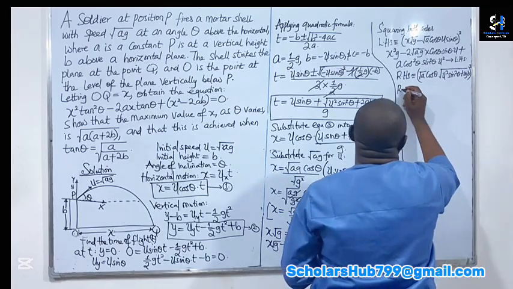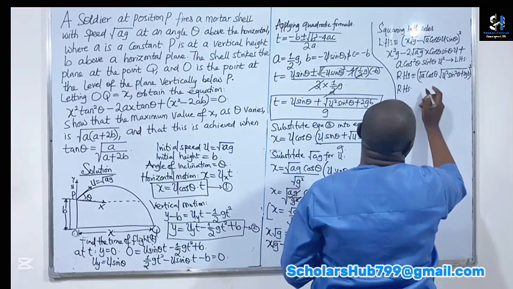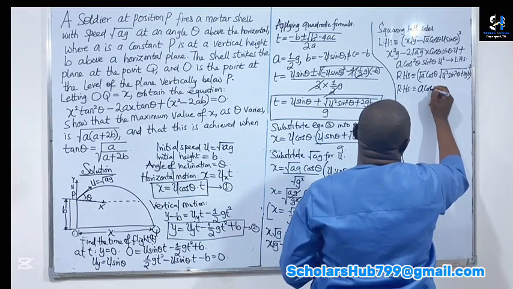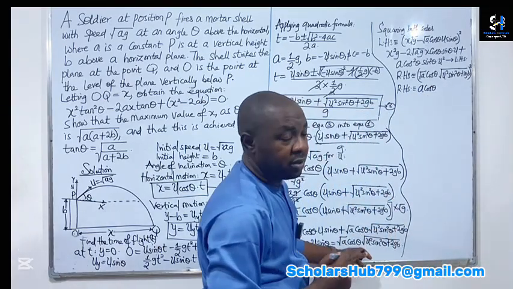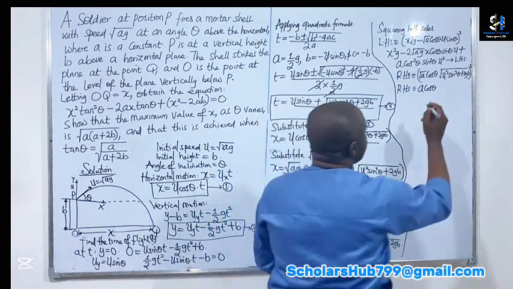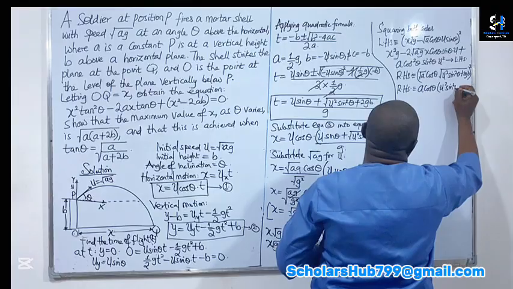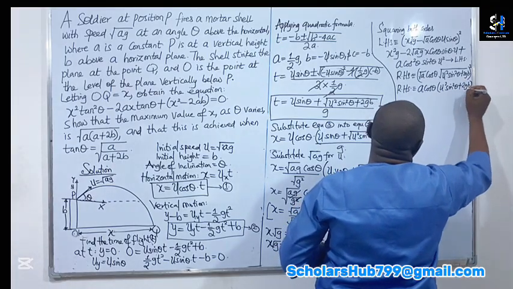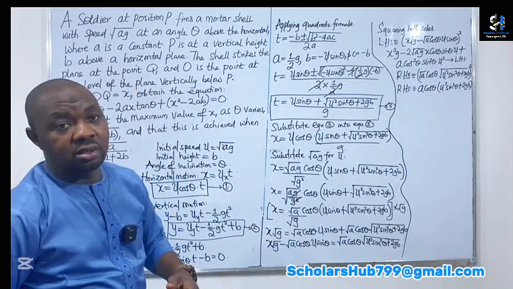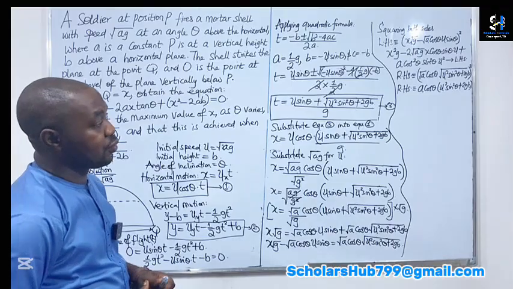So the right hand side can be a cos theta multiplied by u squared sine squared theta plus 2gb, because the square root sign will disappear when we take the square of both sides.